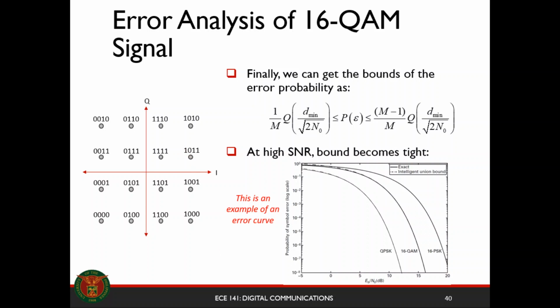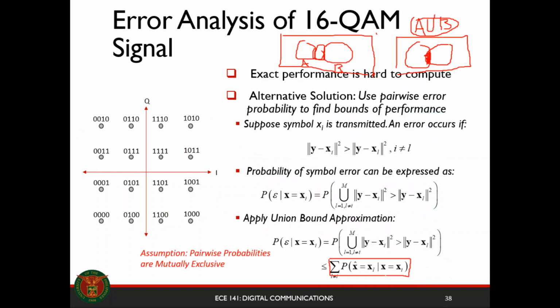Okay? Again, at low SNR, if we transmit this, it can go anywhere in your constellation. Therefore, it has a lot of union, so it has a lot of intersection in all its events.